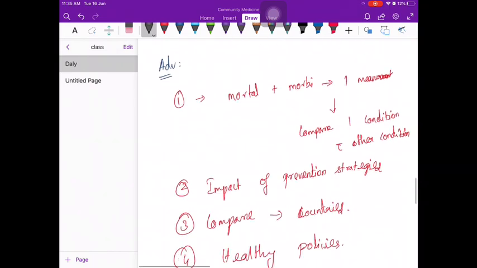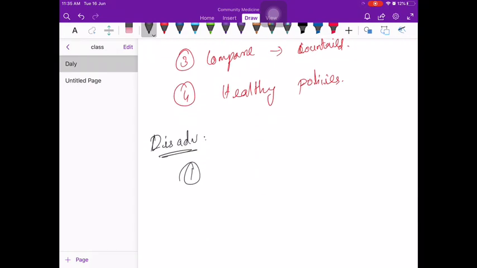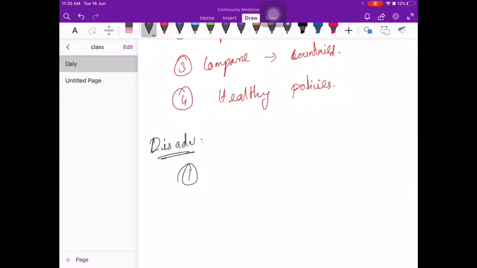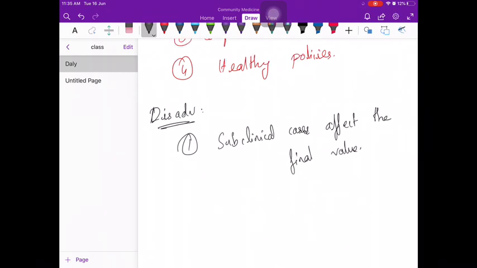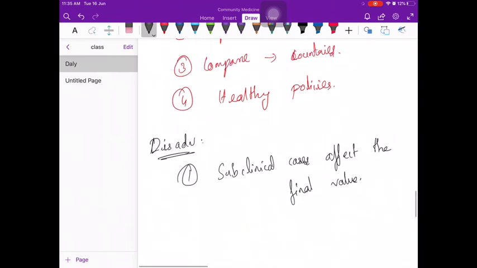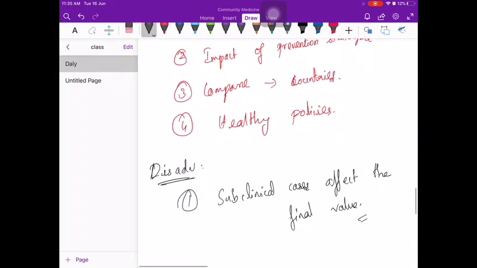So those cases can affect the final value of DALY. And these are the advantages and disadvantages of DALY.